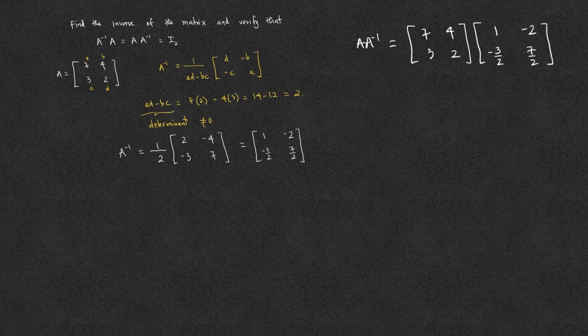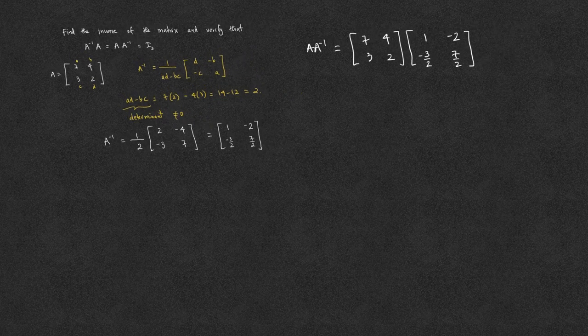We multiply the two matrices using the inner product. The first row times the first column is 7 times 1 plus 4 times negative 3 over 2. And then the first row times the second column, 7 times negative 2 plus 4 times 7 over 2.